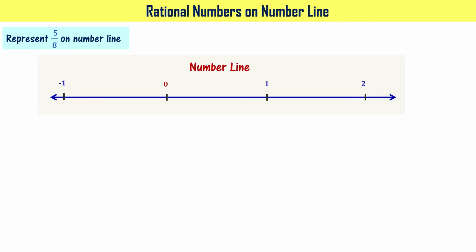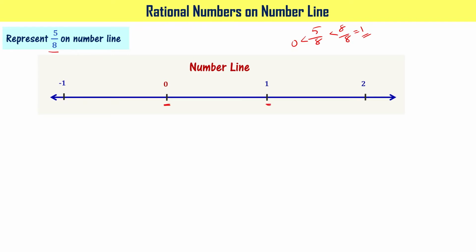The reason for taking only this particular limit is that 5 by 8 is smaller than 8 by 8, which is 1, meaning the given rational number is less than 1. At the same time, it is greater than 0, right? That's why we are interested in the number line from 0 to 1.